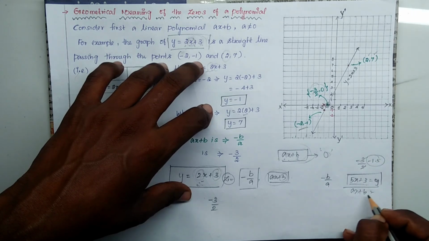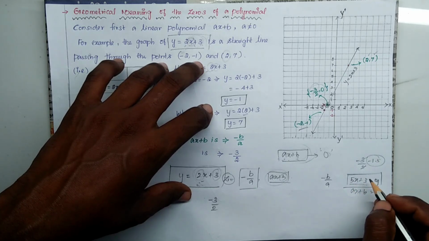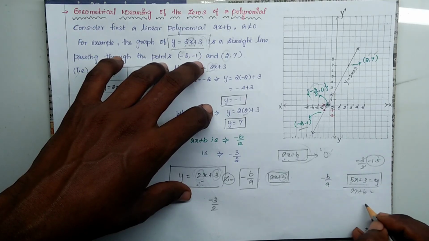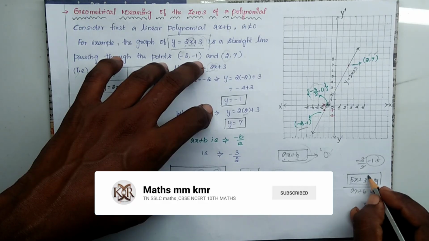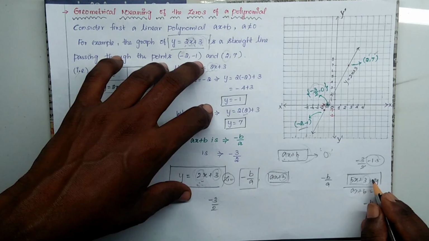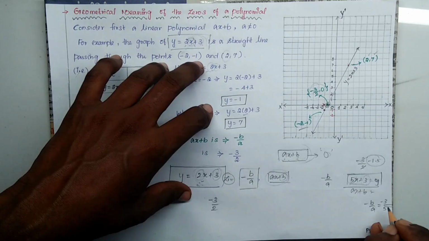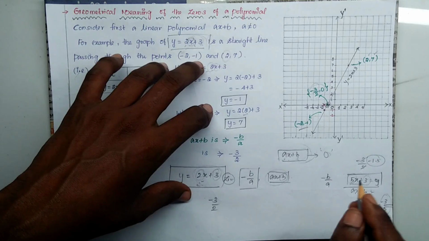That means it is linear. So if it is linear, the zero of this equation is minus of b by a. In the place of b we have 3, so minus of 3 divided by, in the place of a we have 5. So this is the zero of the given polynomial equation.